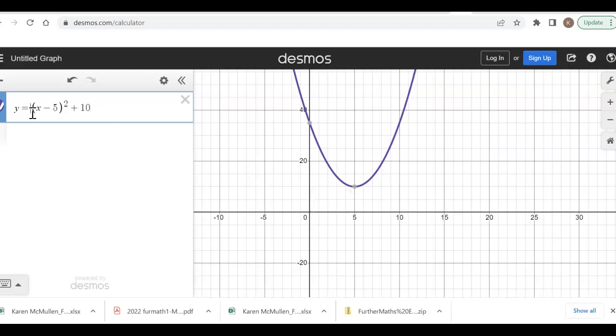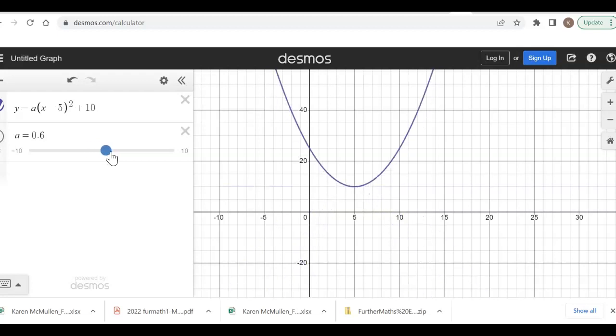So that's why we need to find a different value of a. So on Desmos, and I'll show you in a second how to do this on your calculator, you can actually change, see how it's changing? All right, so you can see there, going through the point 0, 0. All right, but you can do this also on your calculator.